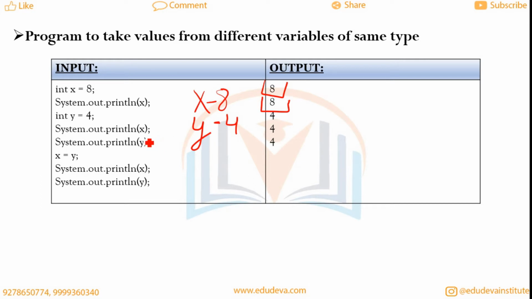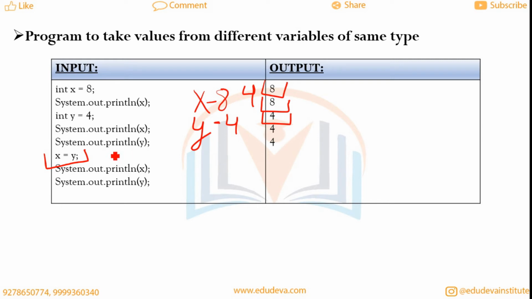And in this second line we are trying to print the value of the variable y, and as the value of variable y is 4, it will print 4 in the output. In the next line we have written x is equal to y. It means that the value of y will go to x. So as the value of y is 4, it will now change the value of x to 4.